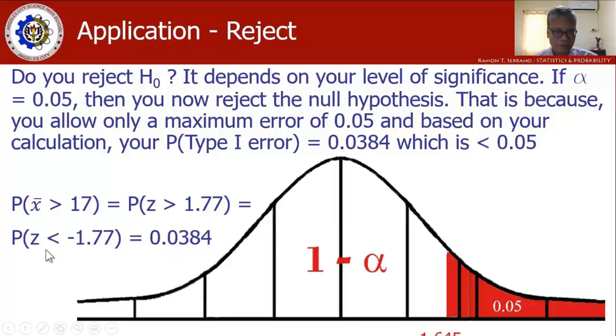Now, if you look at it, the 1.645 is here, and this is your area of rejection region, the 0.05, but I'm having a 0.0384.